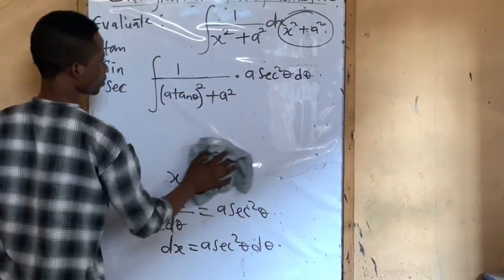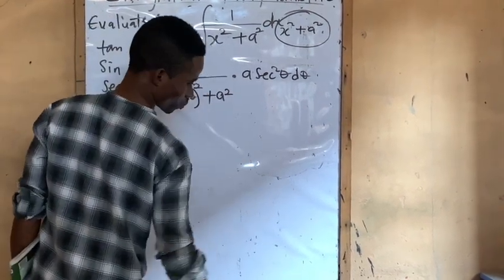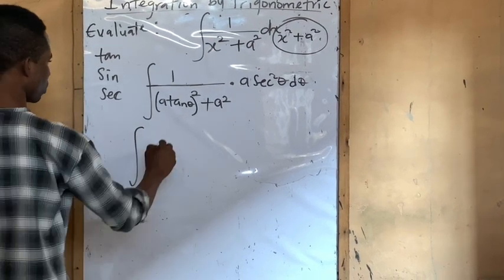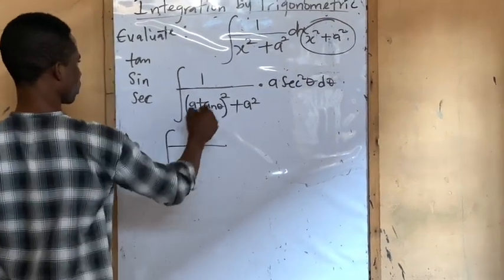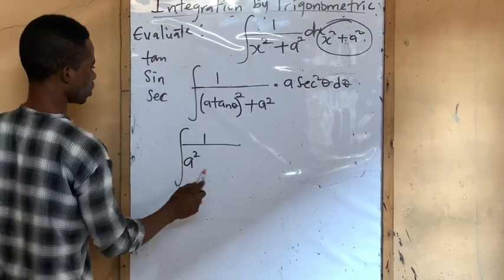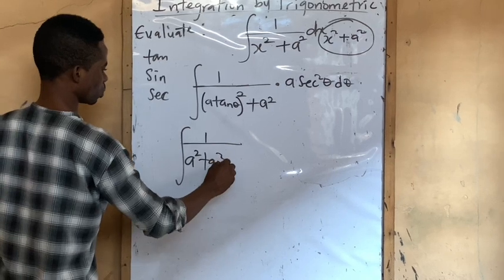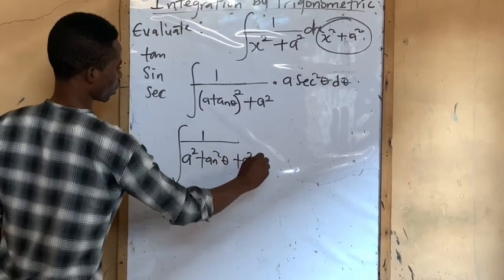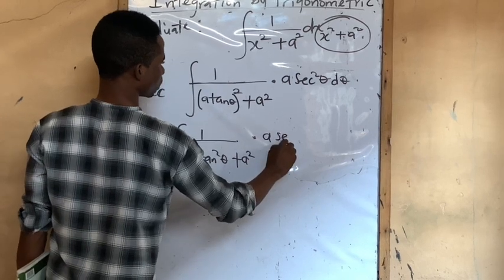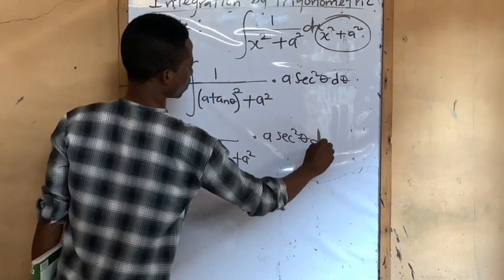Now, when I have this, what next? That means integration of 1 all over a squared tan squared theta plus a squared, multiplied by a sec squared theta d theta.